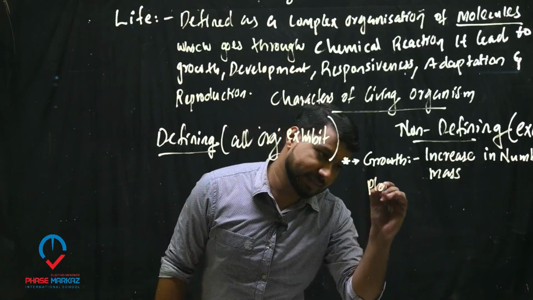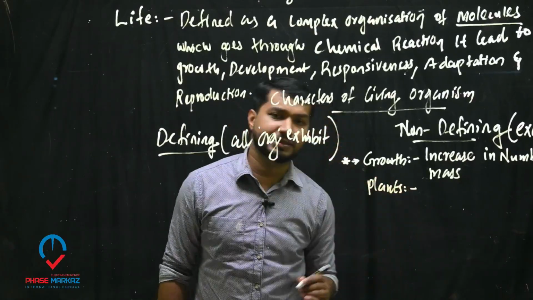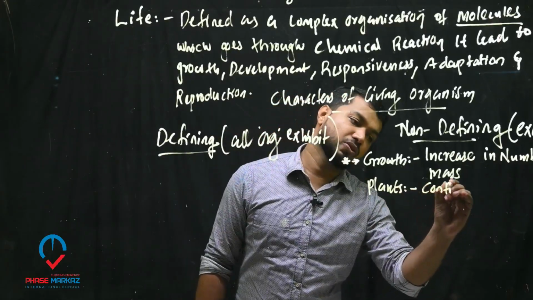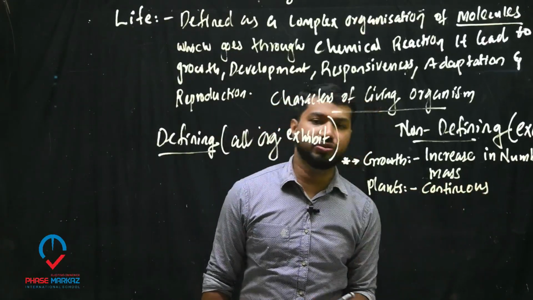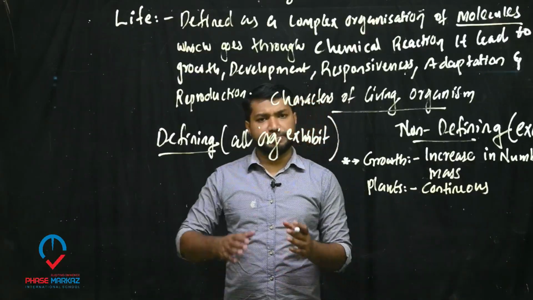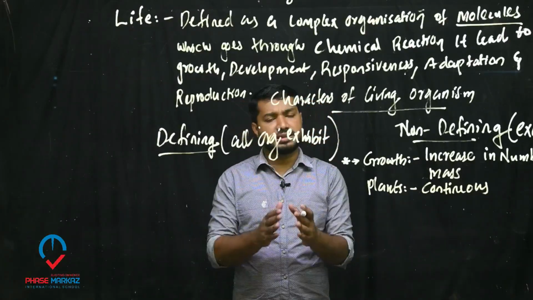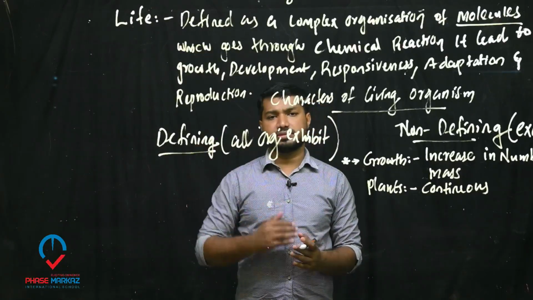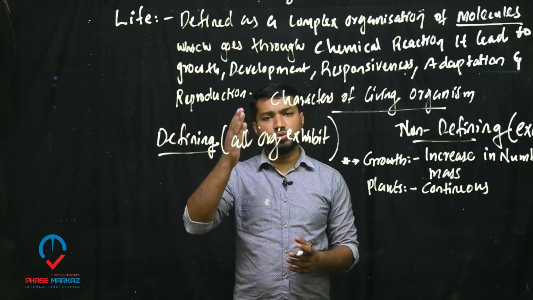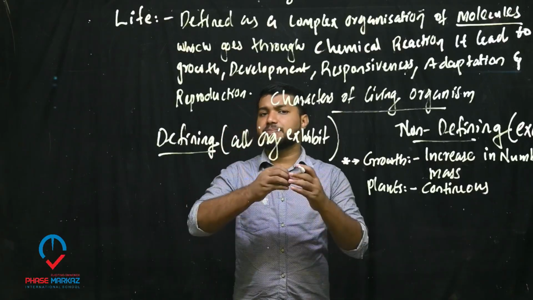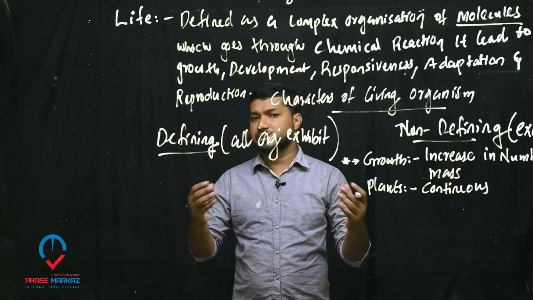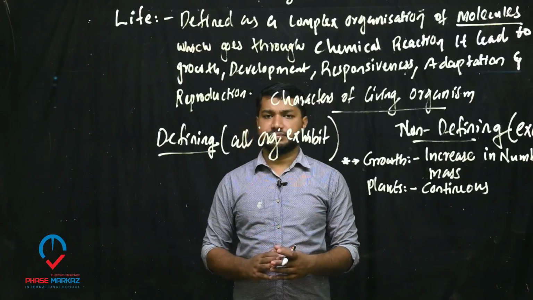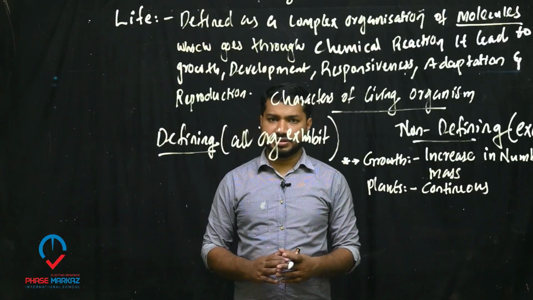In plants, growth is continuous. If the plant exists on earth for up to 100 years, the plant is growing continuously. When we cut some part of the plant, that may be the stem or any other part, that will grow again, right?